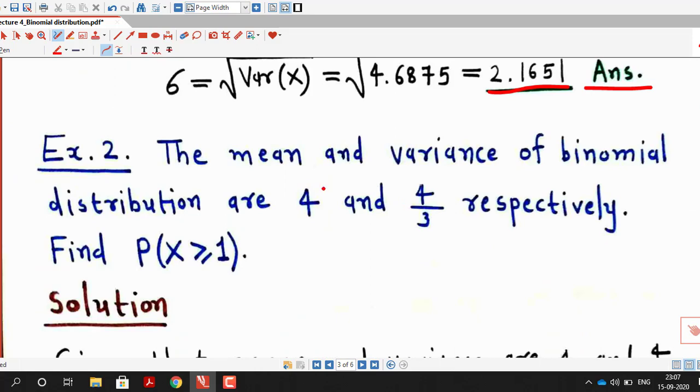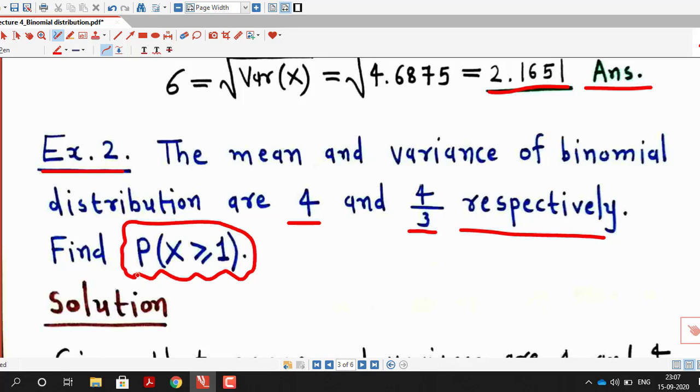We consider one more example. The mean and variance of a binomial distribution are given as 4 and 4 by 3 respectively. Using this information you have to find the probability of the event capital X is greater than or equal to 1.